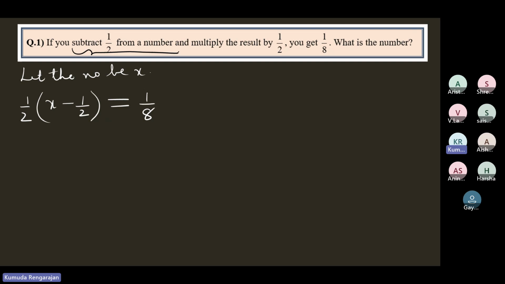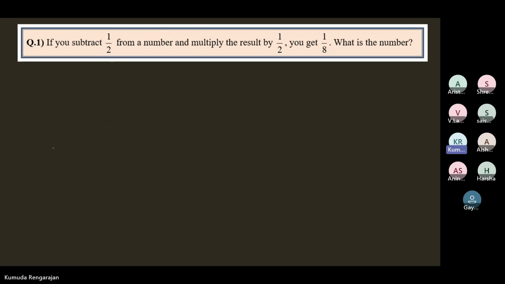Subtract half from a number. Half is half itself, and from a number, that number is x. Subtract means minus. Now, which one to write first, half or x? Whenever it is subtraction, whatever comes after "from", that is the number, you should write that first, and then minus half. So let's do it again.